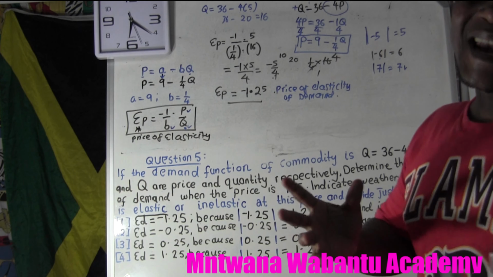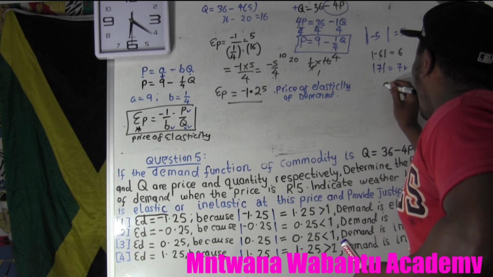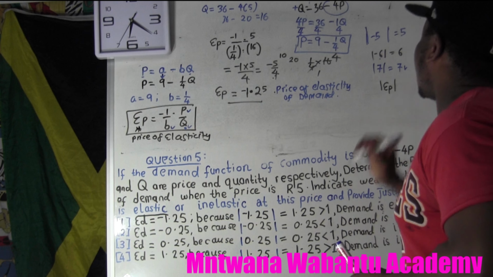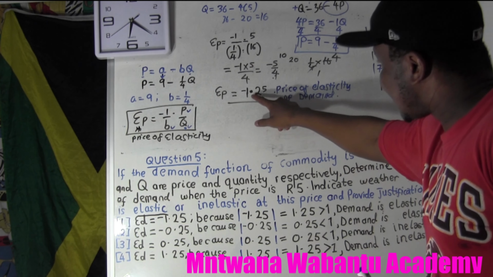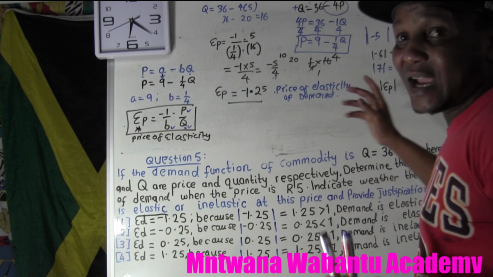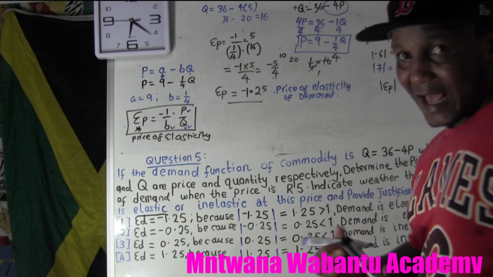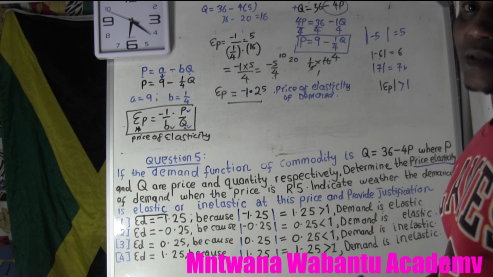So to determine the elasticity, take your price elasticity and find the absolute value of the answer. Like here, take this answer and put it in absolute value. Whatever answer you get, if that answer is greater than 1, then it's elastic.